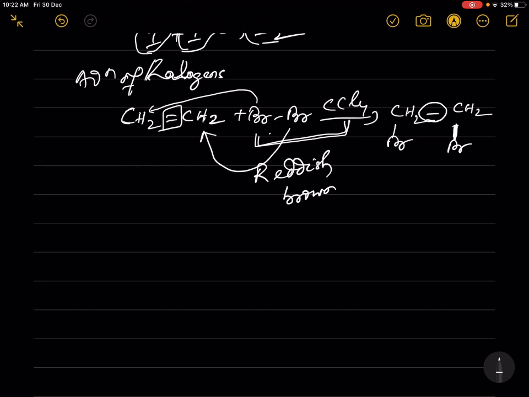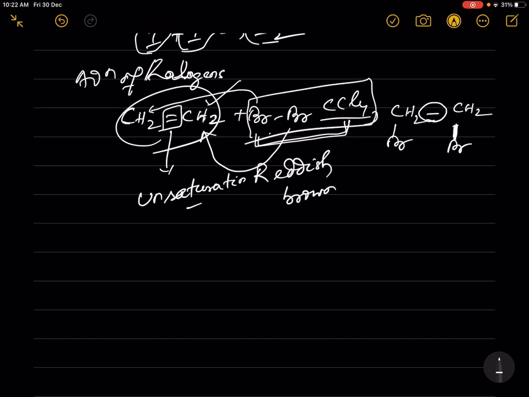This is the unsaturation part in alkene. If on treatment with bromine and CCl4 the color gets discharged, it shows that there is a double bond or unsaturation in that hydrocarbon. And this is your vicinal dibromide, because two halogen atoms are bonded to adjacent carbon atoms, and you know what we mean by adjacent.